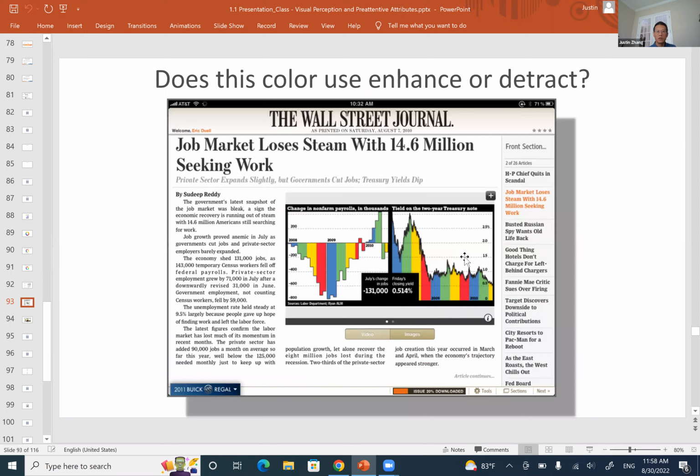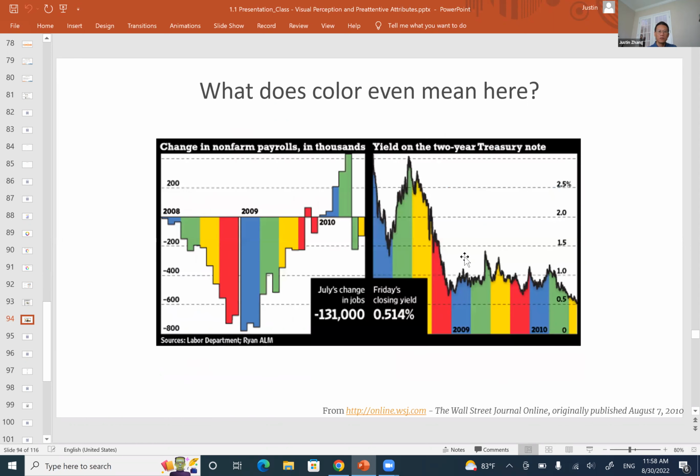So look at this example. Do you think the use of color actually enhances or distracts the attention of the audience? Let's take a closer look at this figure. Do you think it's the best way to encode color in the data or not? I'm sure you get the answer.